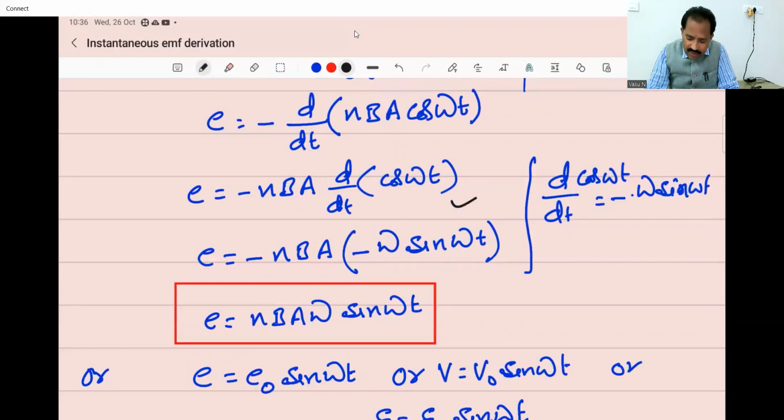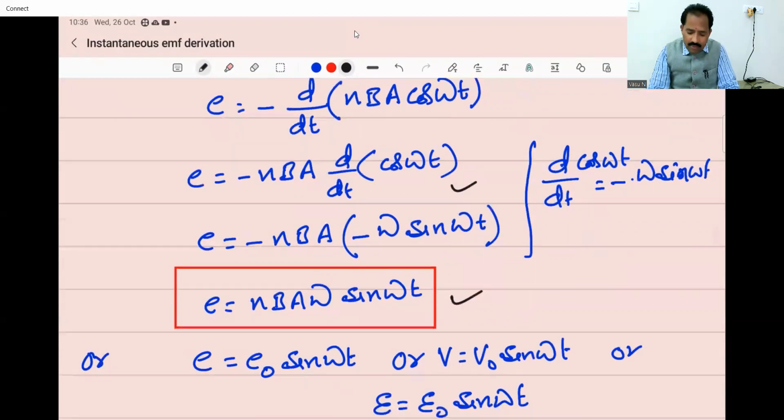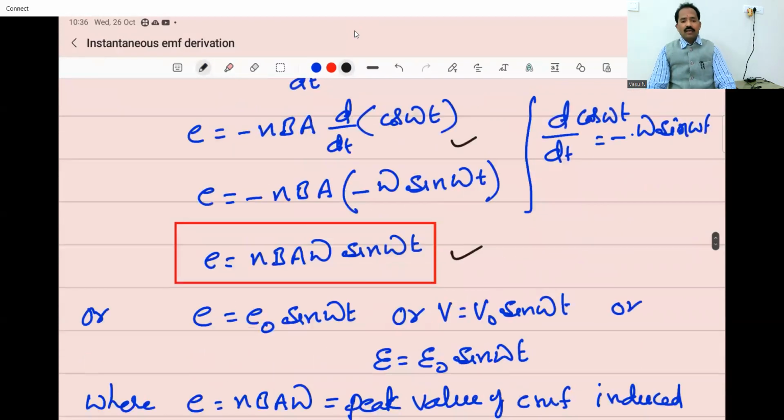Put that in a box. This is the equation for the EMF induced at any instant of time, and that is called instantaneous EMF induced in the coil. Now that equation can be written in different formats. V is equal to V naught sin omega t, or epsilon is equal to epsilon naught sin omega t.